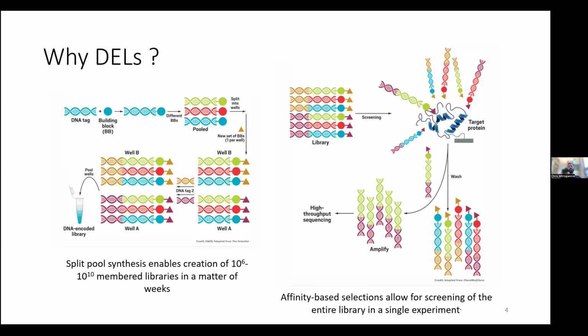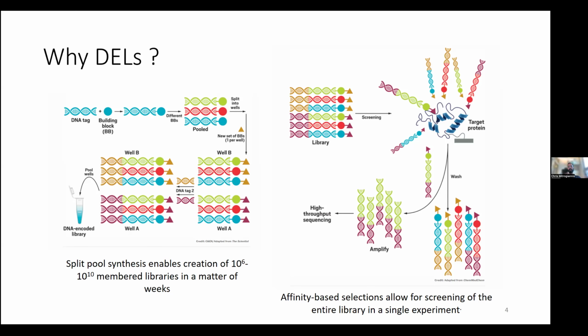By using combinatorial chemistry, and specifically split and pool synthesis, we can synthesize libraries of millions to billions of compounds in a matter of weeks. The big advantage of this technology is that we can store the entire library in just one Eppendorf tube.